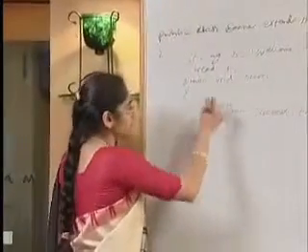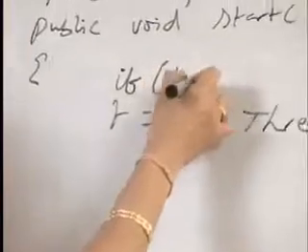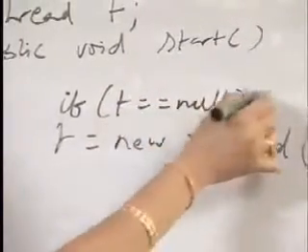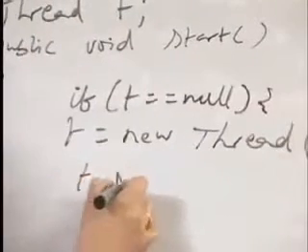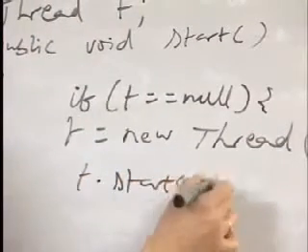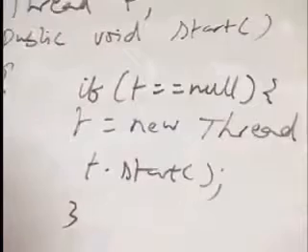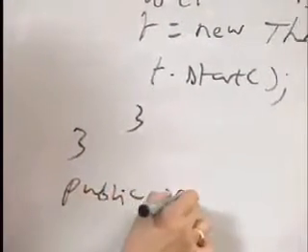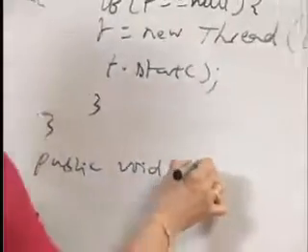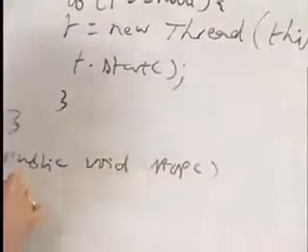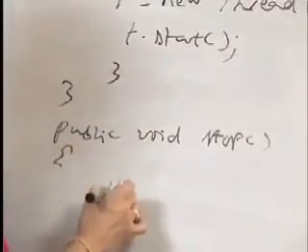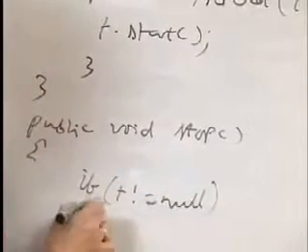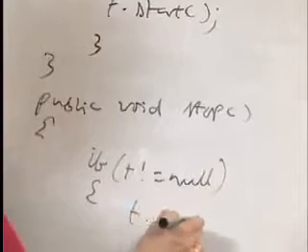You need to create a thread object only if t is null, and then start the thread. In the stop method, if t is not equal to null, we will call stop on the thread.